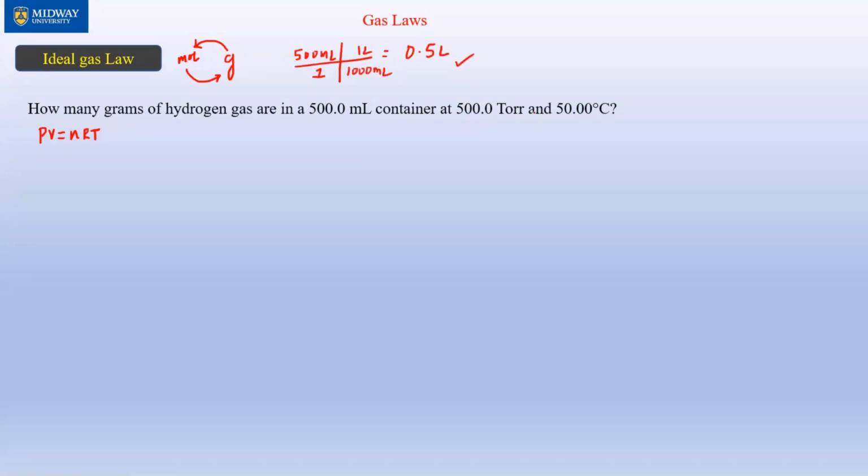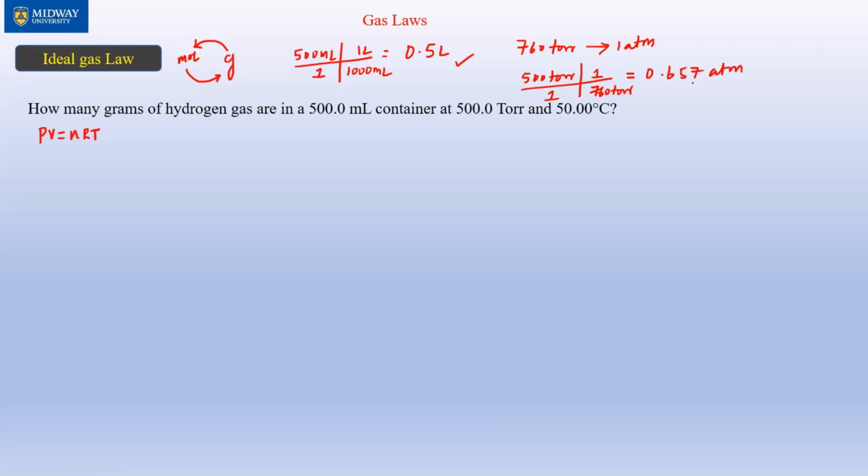Pressure, 500 torr. We know there are 760 torr in 1 atm. Whenever you use the ideal gas law, all units must be in the correct representation. Otherwise, your problem will be really messed up. So 500 torr times 1 atm over 760 torr, 500 over 760, is 0.657 atm.